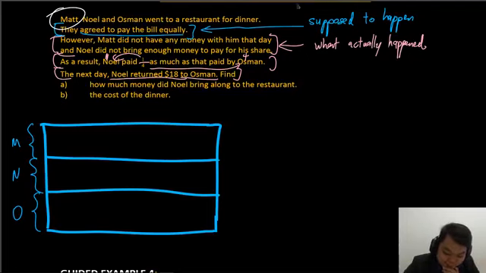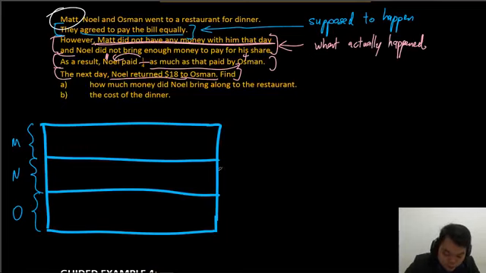Then they all agreed, but end up always got this kind of thing happen. Matt didn't bring any money with him, so at the end of the day, Noel had to pay 1 block, while Osman had to pay 4 blocks.